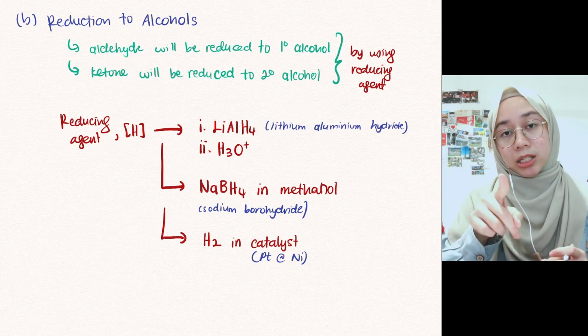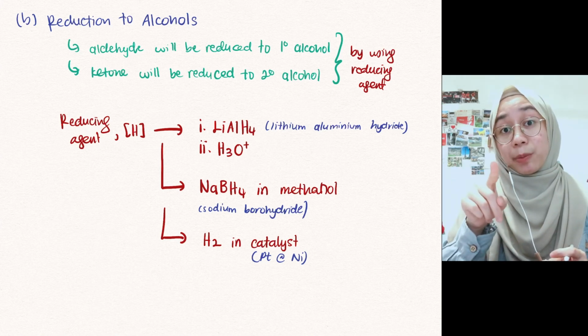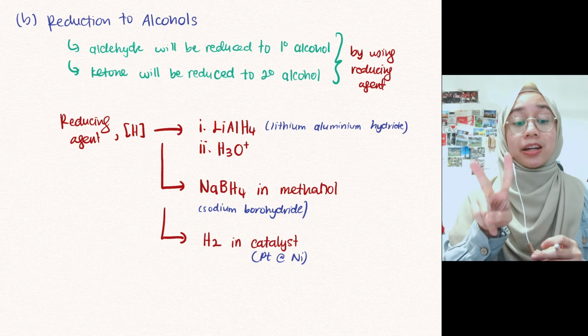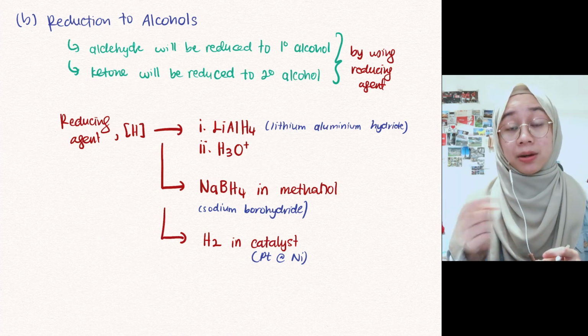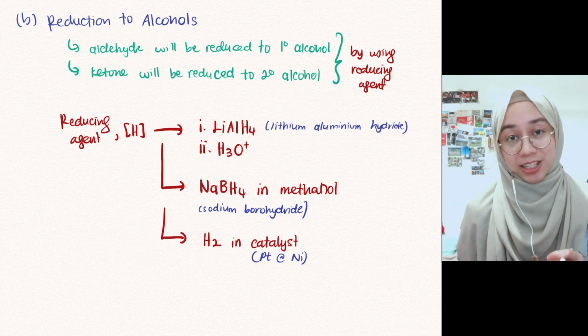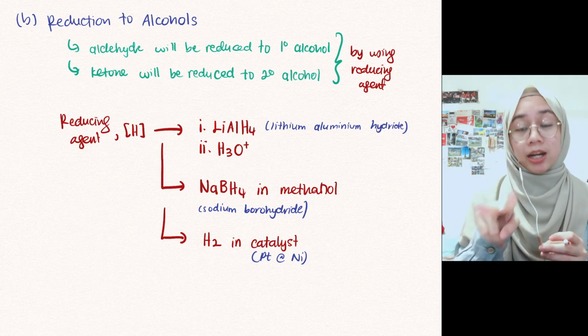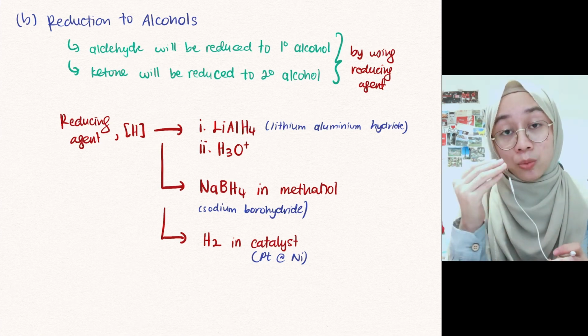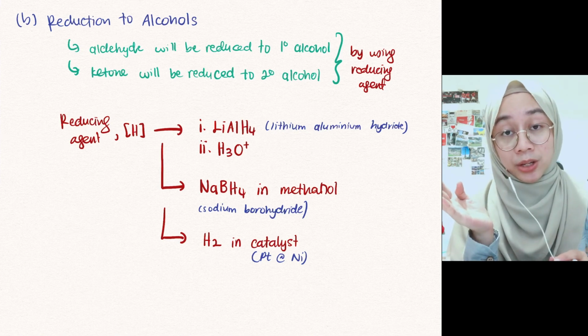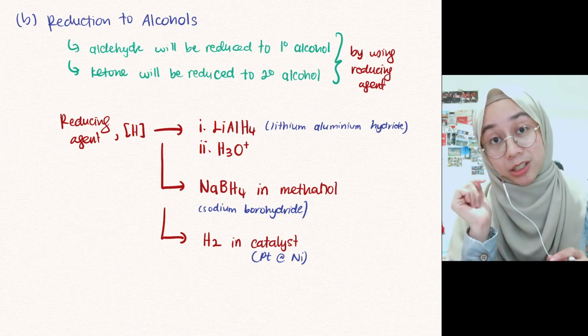So kalau oxidation is about removing 2 hydrogen, therefore reducing agent is about adding hydrogen. Okay, so kita tambah berapa banyak hydrogen? 2 juga. Okay, remember dekat mana yang kita buang hydrogen tu daripada oxidation tu kan? Kat situlah kita tambah balik hydrogen.